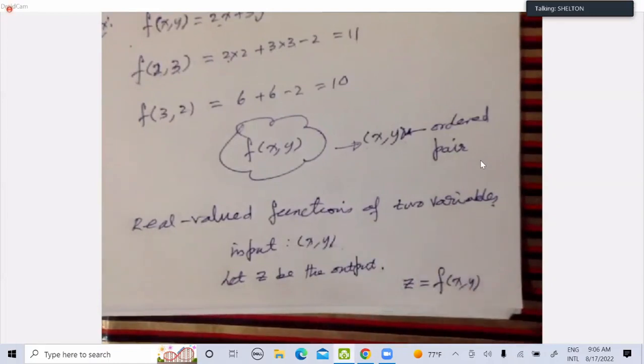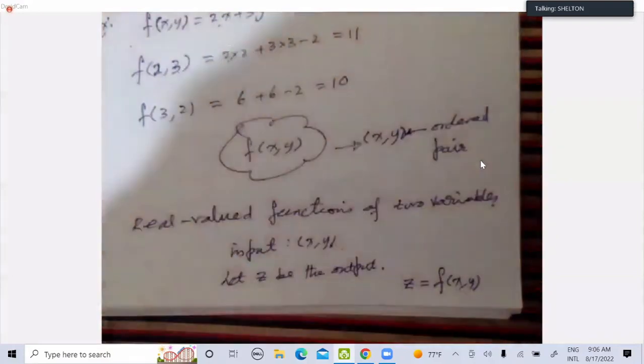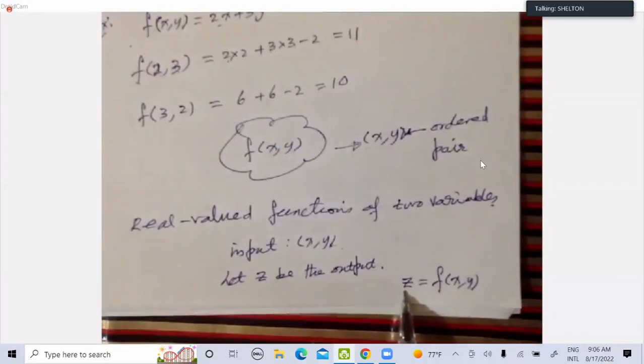Earlier y was a dependent variable. Here y is an independent variable. Independently of the output we input. We first do the input to get the output. This is the dependent variable.